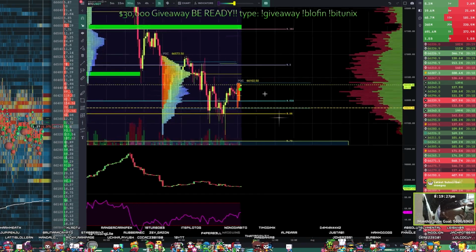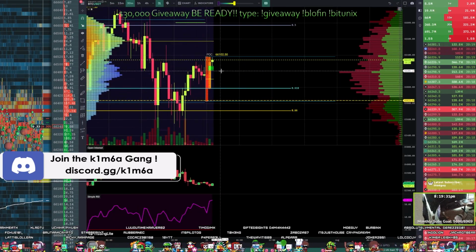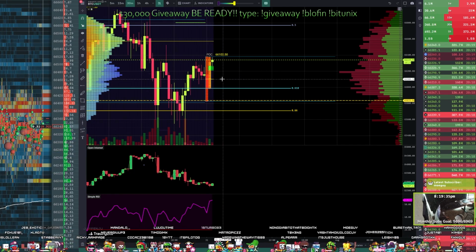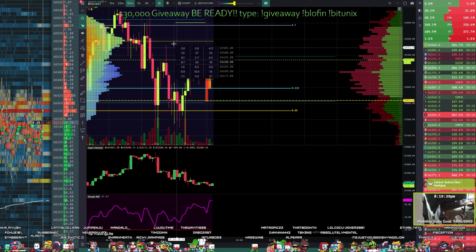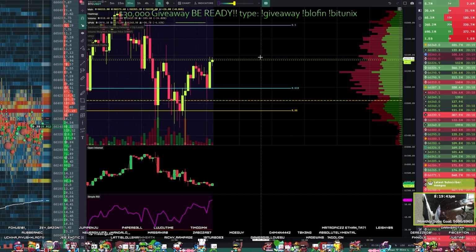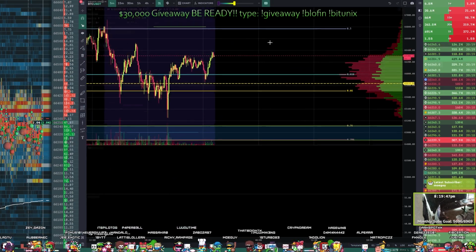So, I mean, even right now, are you somebody that wants a gap fill and go? Do you want it to come all the way back down to TPO point of control? It's changing structure. So some people might say, hey, it made a higher high, it can't make a lower low.